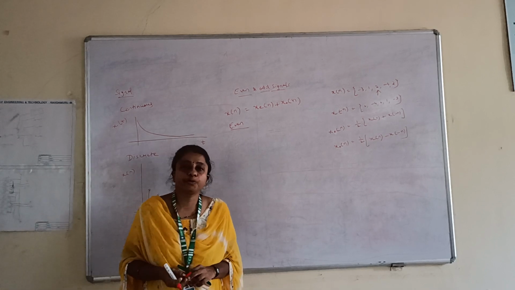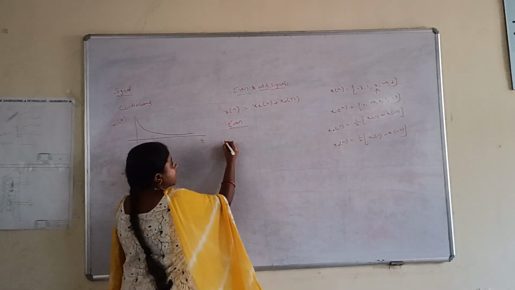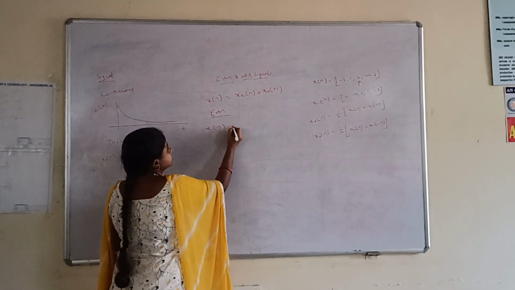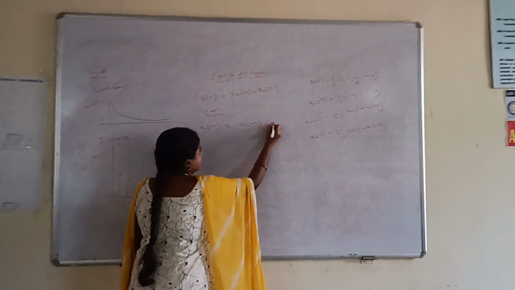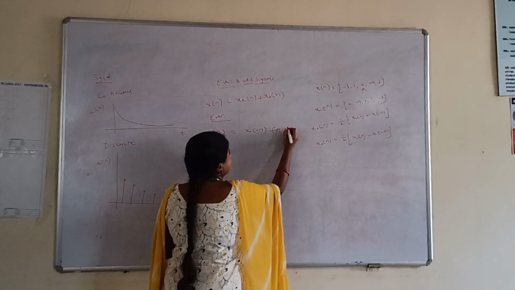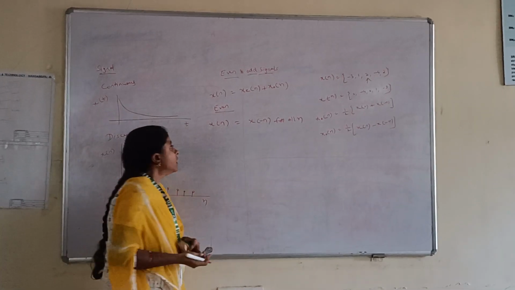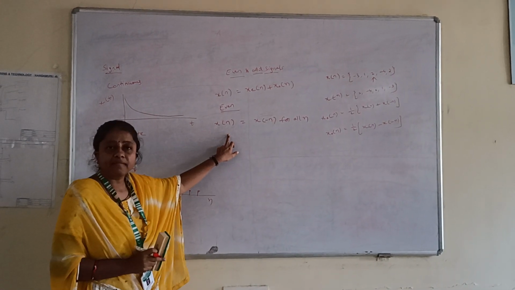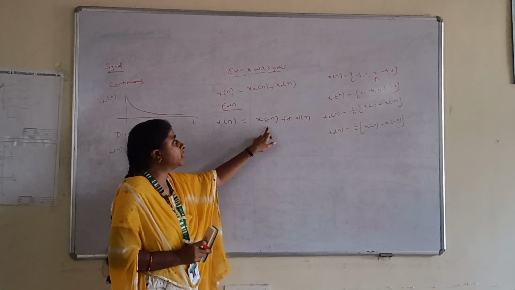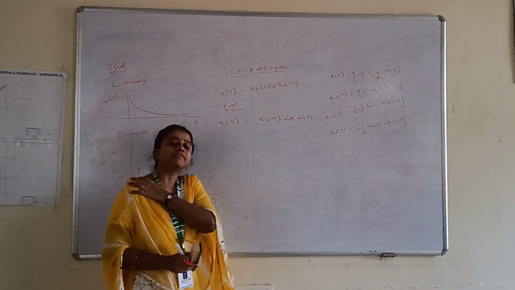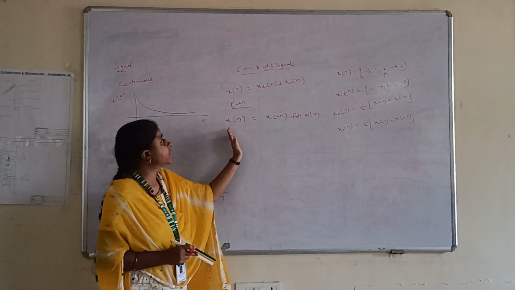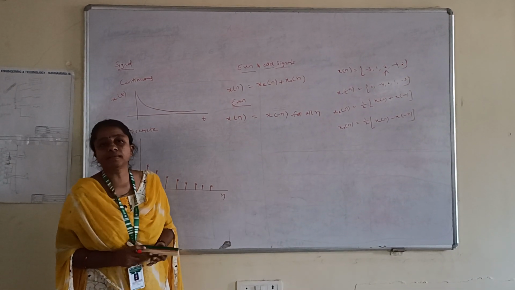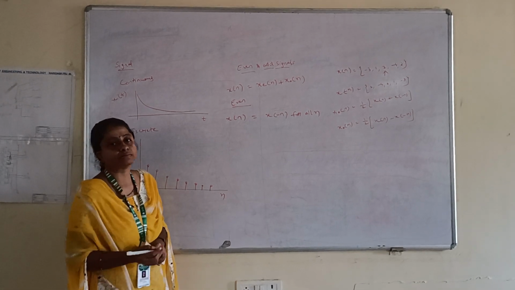A signal is said to be an even signal if it satisfies this condition: x of n equal to x of minus n. Then we can say that the signal is an even signal. The other name for an even signal is a symmetric signal.